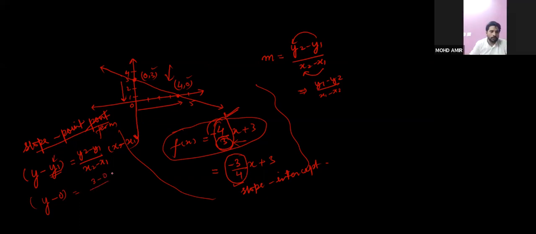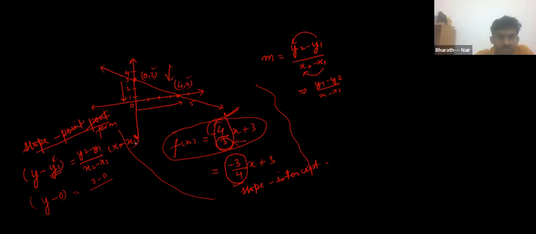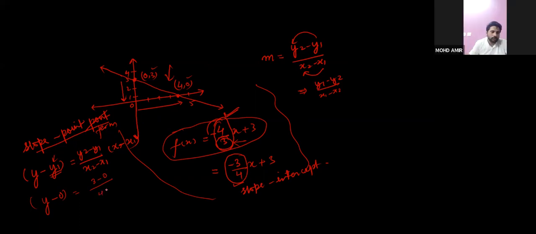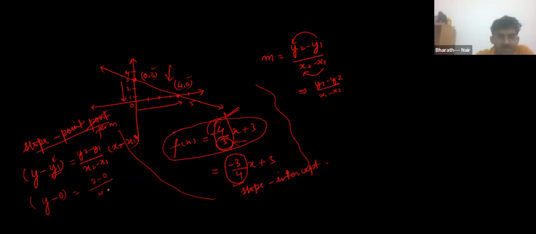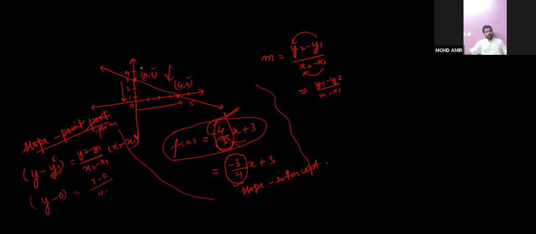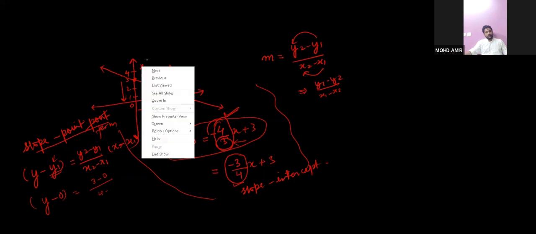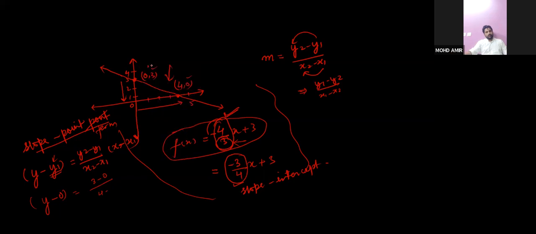And what is x1? 4 minus 0. This is our x1 and this is our y1. This is our x2 and this is our y2.